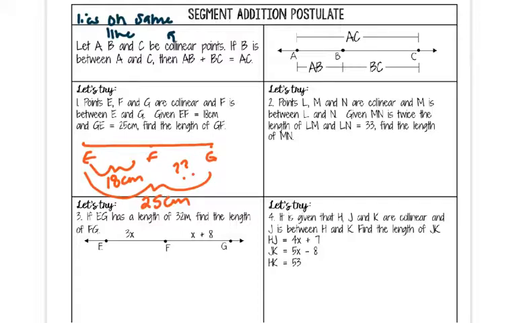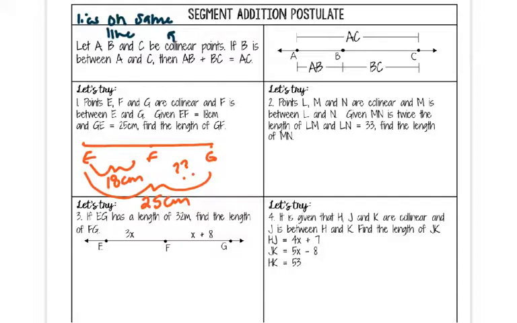So the distance from Oxford High School to Jacksonville is 25 centimeters, but we know that the distance from Oxford High School to Main Street, Anniston is 18 centimeters, if we're looking at a map. Then what's the distance from Main Street, Anniston to Jacksonville? That's what we're trying to find here.